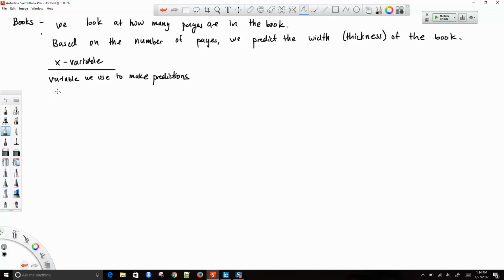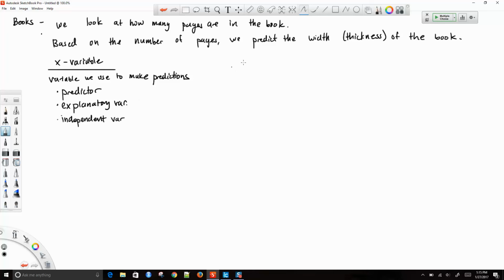So it is often called our predictor, or it can be called the explanatory variable. And sometimes it's called the independent variable. I don't really like that term, but it does appear in the literature. So I'll put it here.